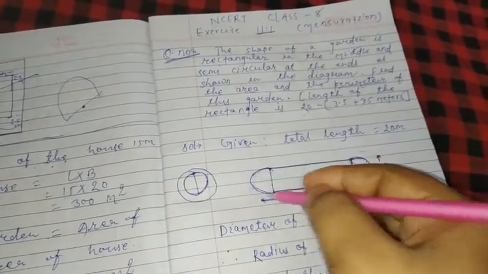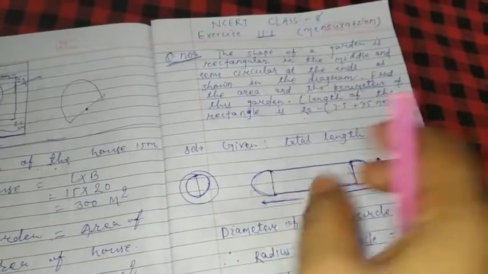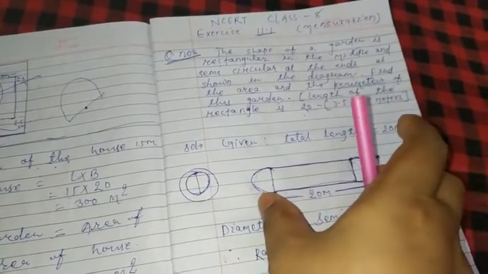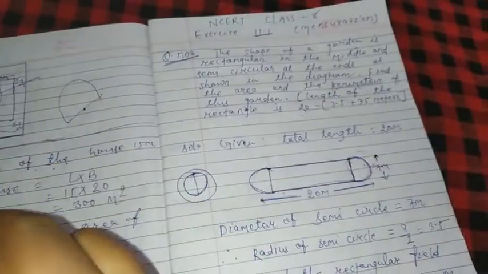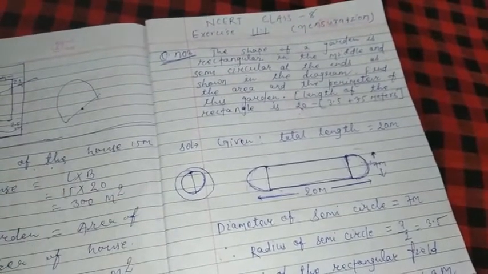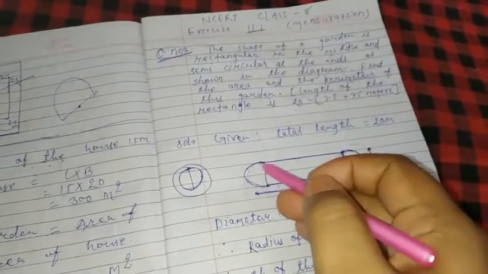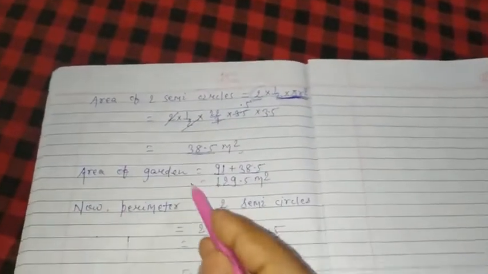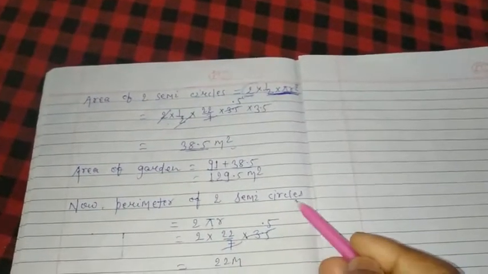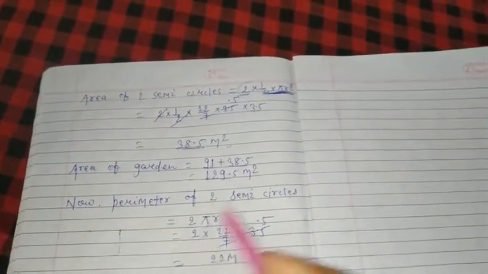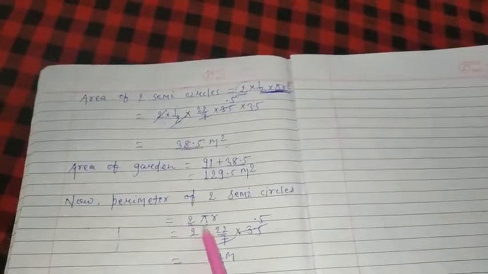So this is a semicircle and this is a semicircle, and when 2 semicircles of the same radius join each other, they make a complete circle. So now I have written the perimeter of two semicircles is equal to 2 pi r.